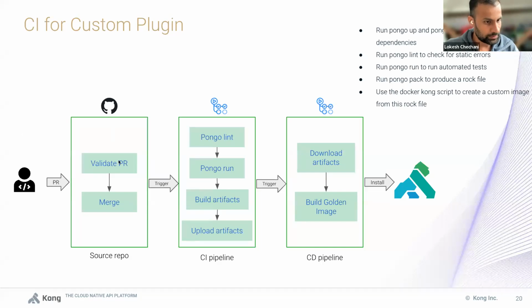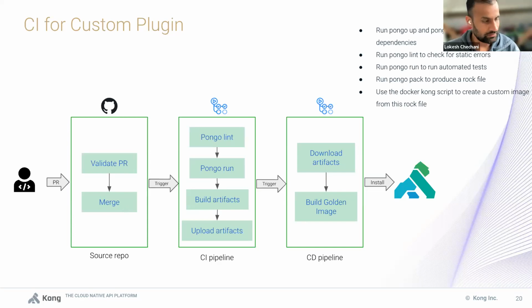Nothing new from the development perspective. You have a PR, your PR review is done, merge, and then you use Pongo and run a few commands for linting and test executions.